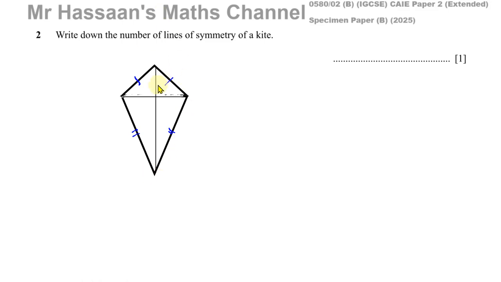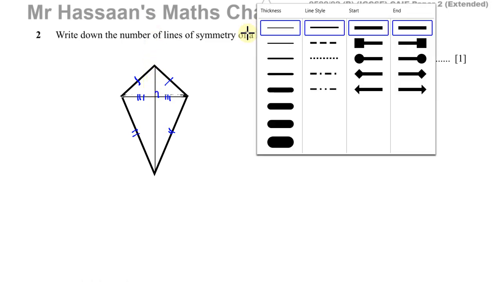Let me draw that a bit better. They intersect at 90 degrees. The small diagonal is cut into two equal halves by the big diagonal, and the big diagonal is a line of symmetry. If you were to fold this shape along this line, one side would fit exactly over the other.